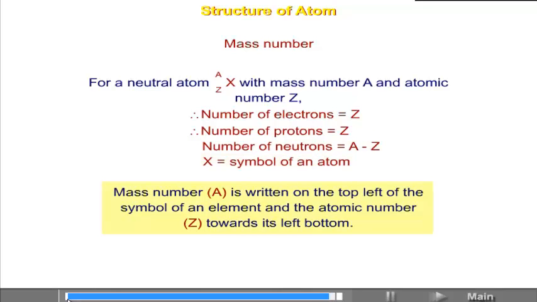Mass number A is written on the top left of the symbol of an element and the atomic number Z towards its left bottom.